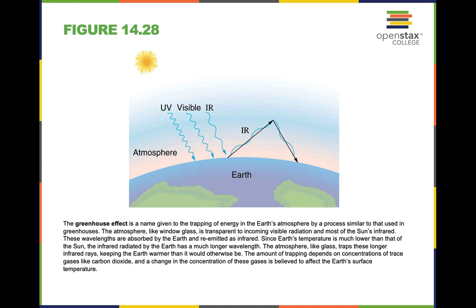Since Earth's temperature is much lower than that of the sun, the infrared radiated by the Earth has a longer wavelength. The atmosphere, like glass, traps those longer infrared rays, keeping the Earth warmer than it would otherwise. The amount of trapping depends on concentrations of trace gases like carbon dioxide, and a change in concentration of these gases is believed to affect the Earth's surface temperature.